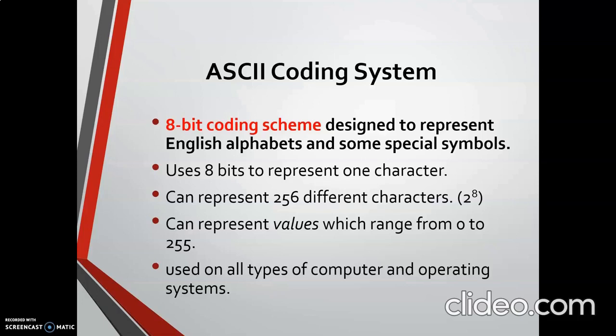Because the first code just now, 0000 0000, if we convert it to decimal, is 0. And the last code, 1111 1111, if we convert it to decimal, is 255. So the ASCII values range from 0 to 255.